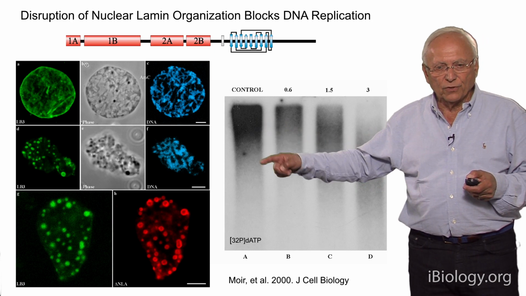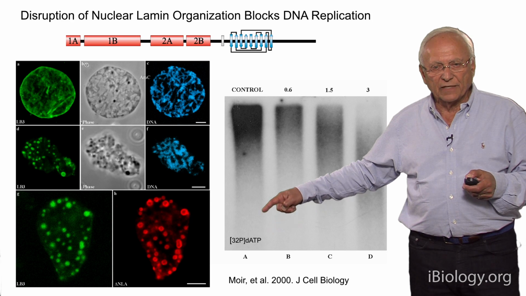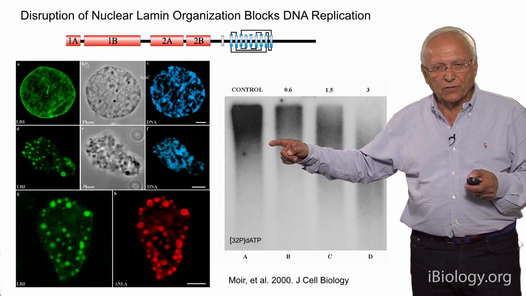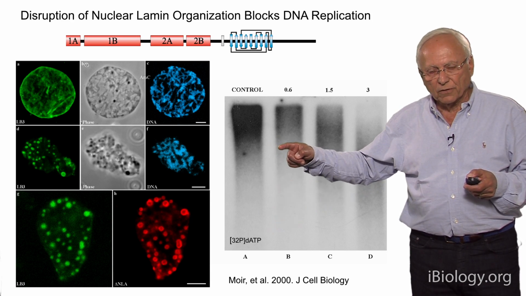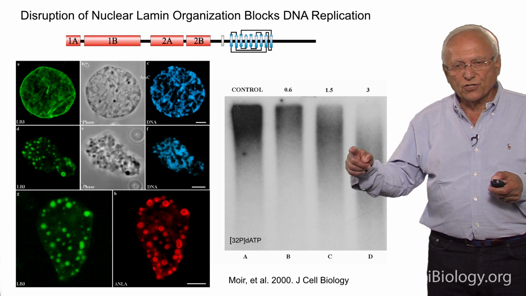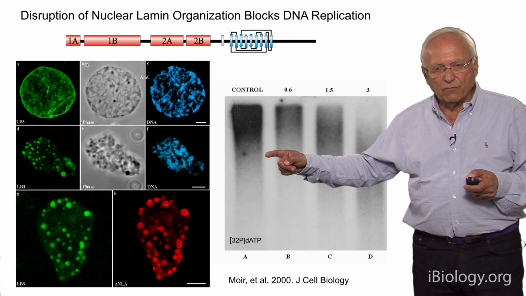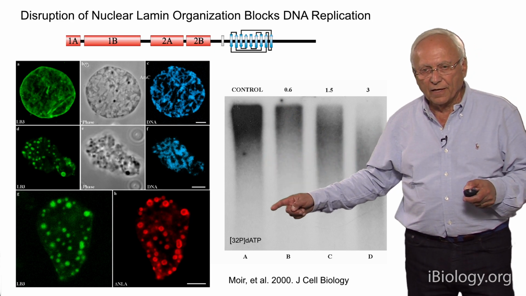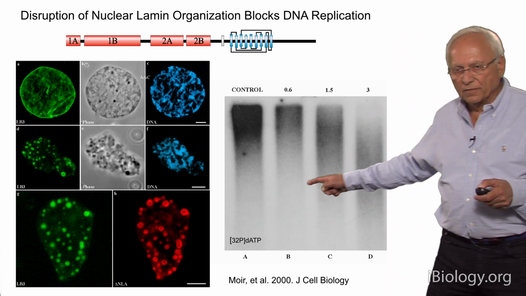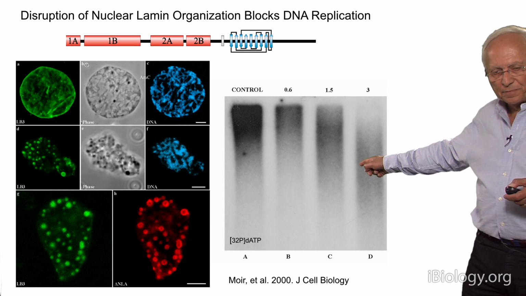And at the same time, if you look at the incorporation of P32 labeled ATP, which is a precursor to looking at DNA replication, you can show that in a dose-dependent way, DNA replication is inhibited, and you can see that throughout this series of agarose gels.